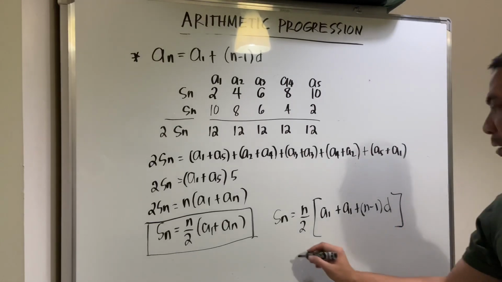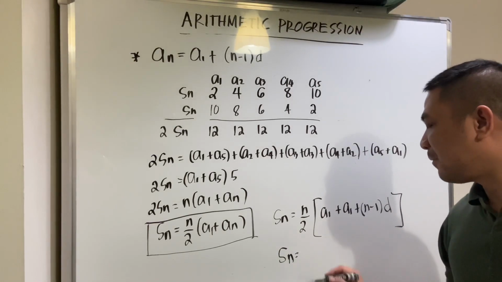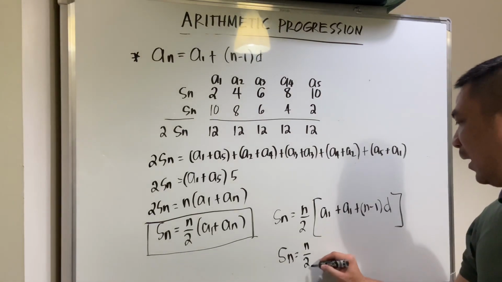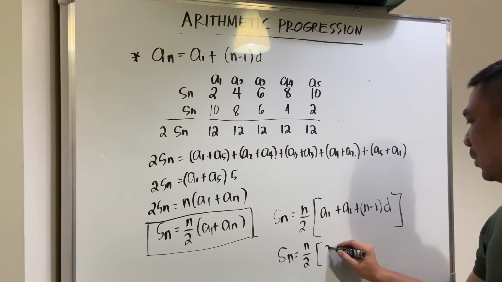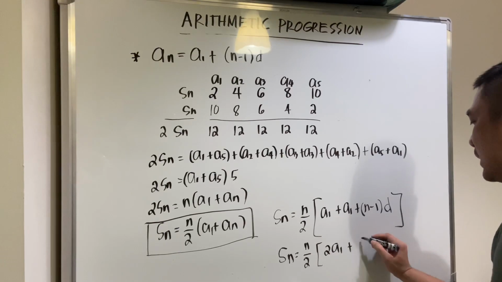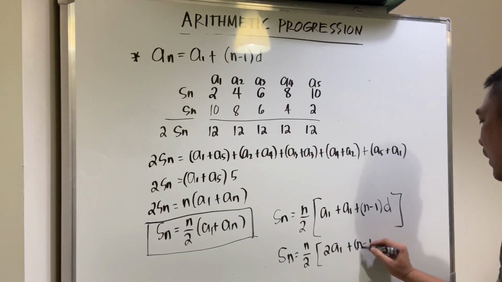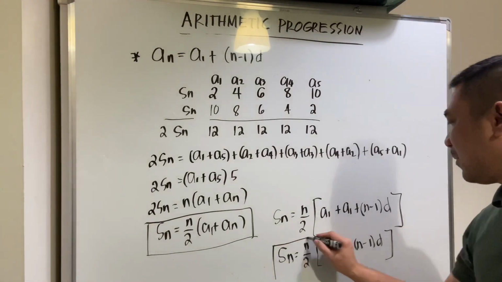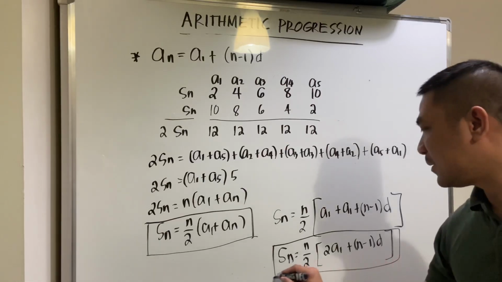Okay, so therefore another formula for finding the sum of all the terms in an arithmetic series, we can have it like n over 2 times (2A1 plus (n minus 1) times d).